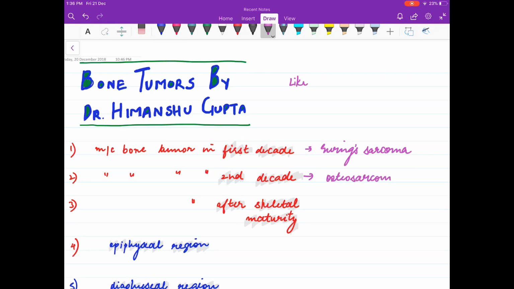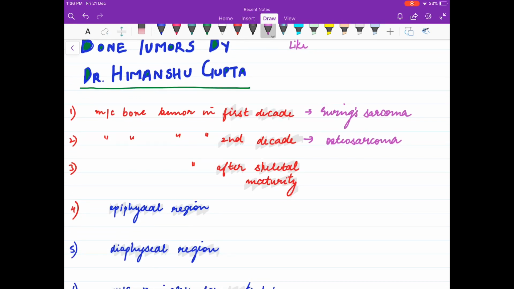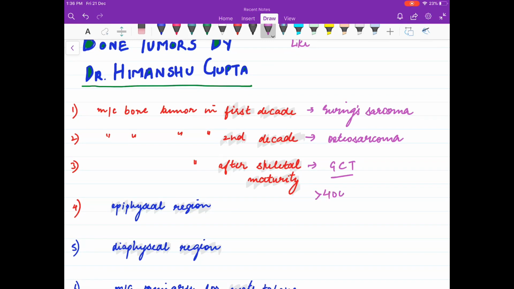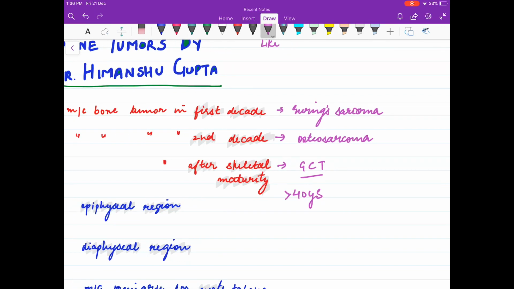The most common tumor after skeletal maturity is giant cell tumor. And the most common tumor after 40 years is metastases, more than multiple myeloma.